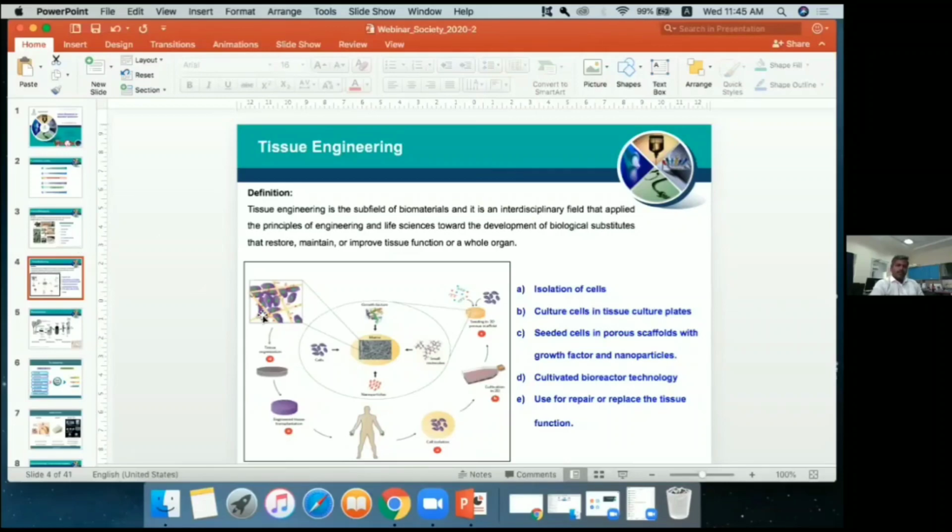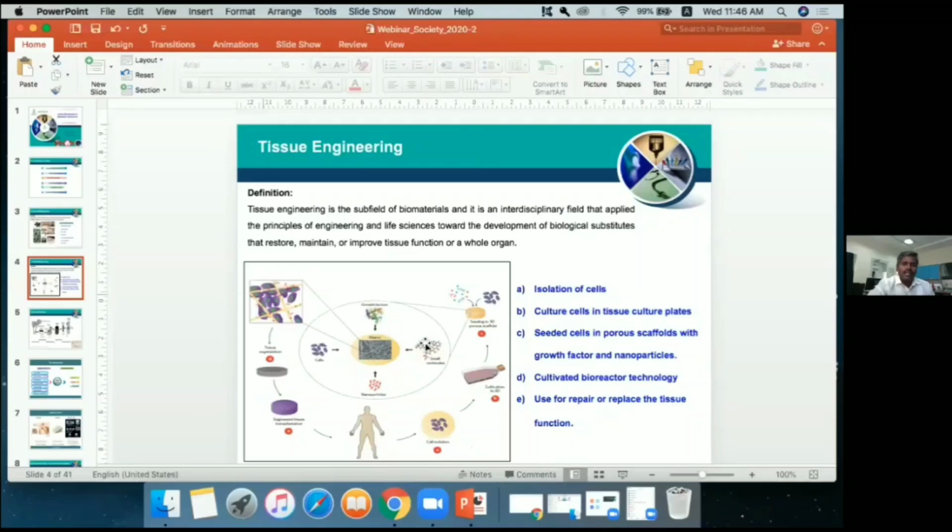Here the first step is isolation of cells. For example, if you want to develop skin tissue, we can take a biopsy of our tissue, and then we isolate the cells and culture them, and after that we multiply the cells into the billions and expand them.